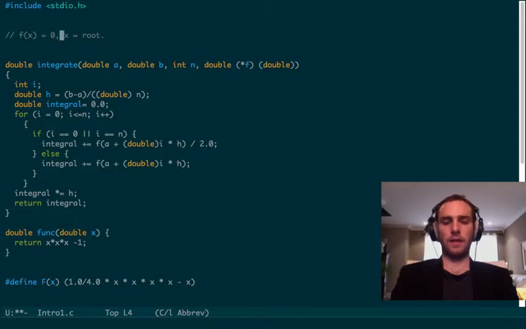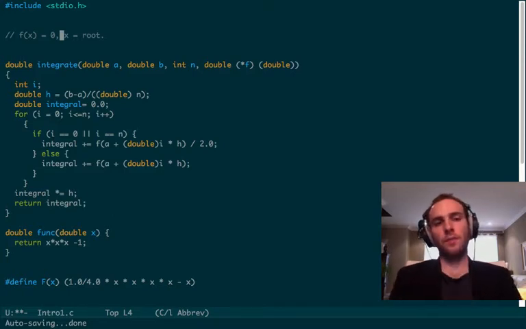You can find a root by picking an interval that has only one root inside, and also that both boundaries of the interval are of opposite sign, so that the function just goes through the 0 point at only one place. And then you do this bisection method. Bisection means cutting by 2, cutting by a factor of 2.